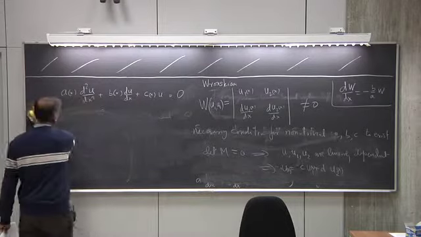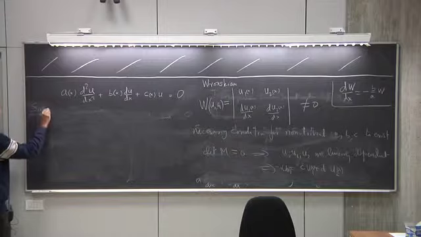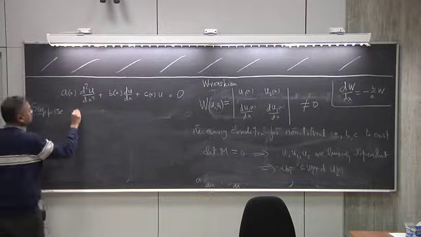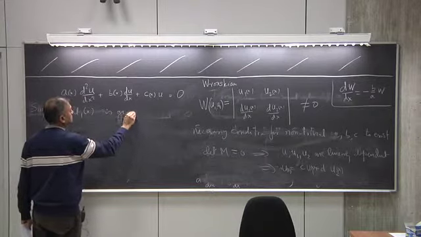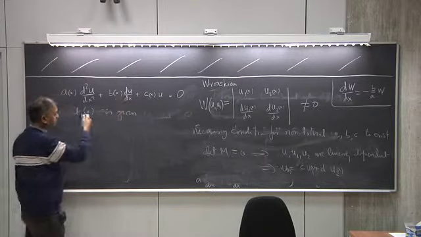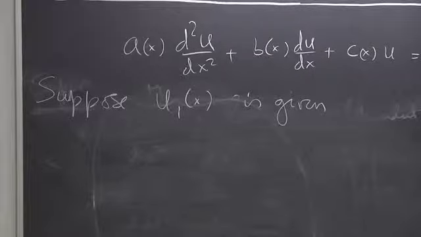Okay. So now we say that suppose that u1 of x is given, which means this solves that equation. This is one solution, right? Then we want to find another solution u2, which is linearly independent of u1, right?